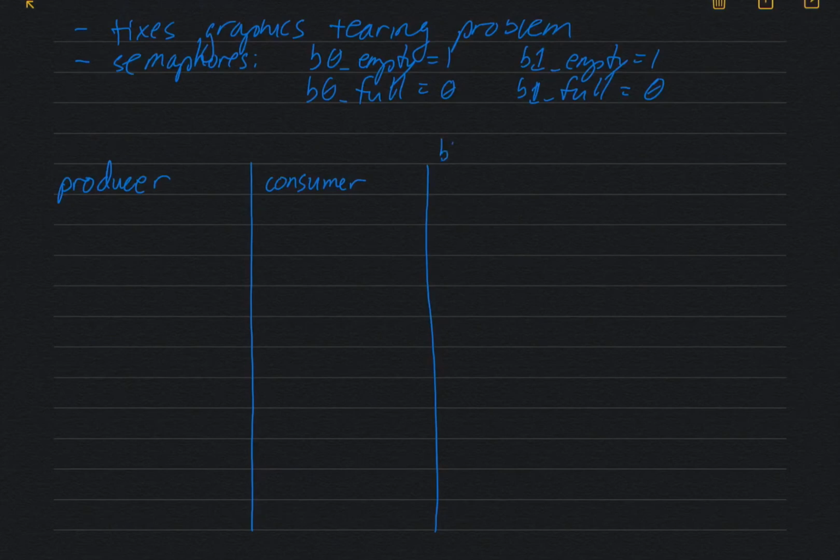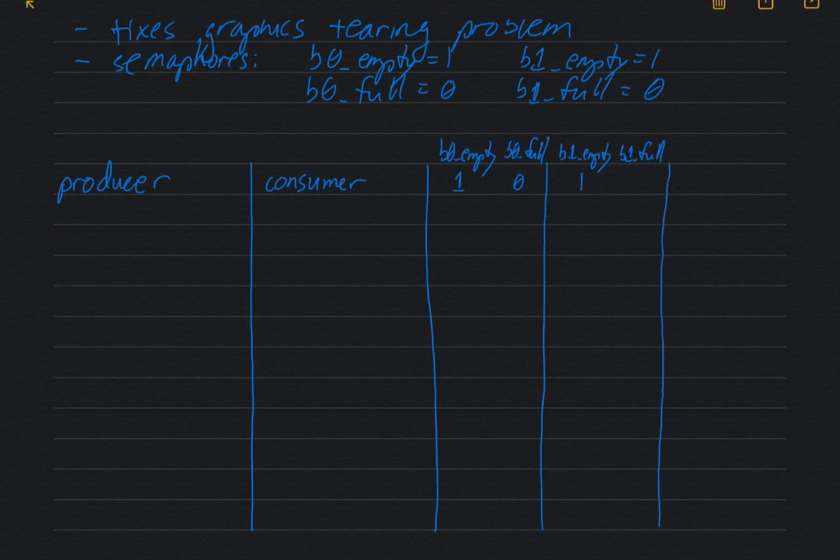Okay, so we've got B0 empty, which will have an initial value of 1, B0 full, initial value of 0, B1 empty, B1 full, same initial values, 1 and 0, and the last column we'll fill in later. So that's our starting condition, and let's assume that the producer and the consumer can execute in parallel.